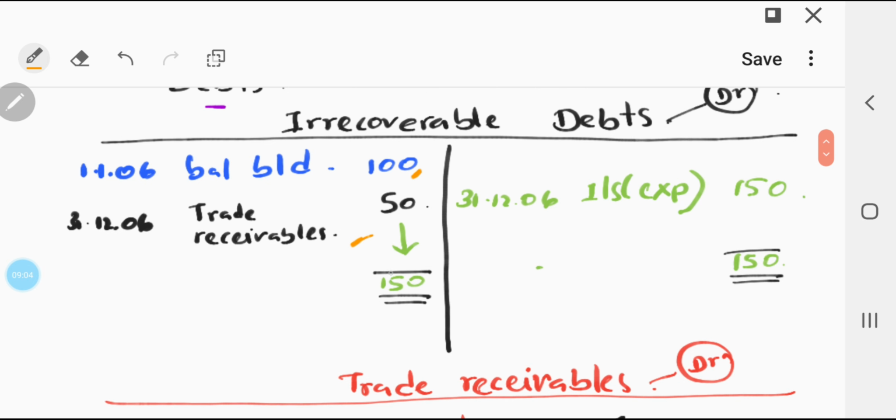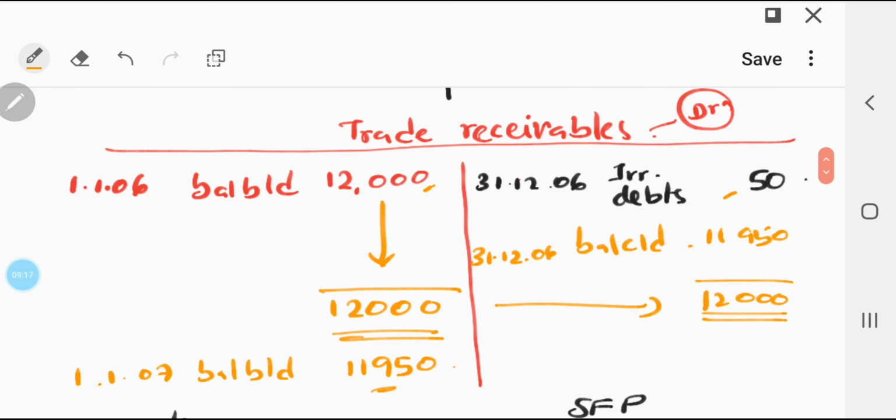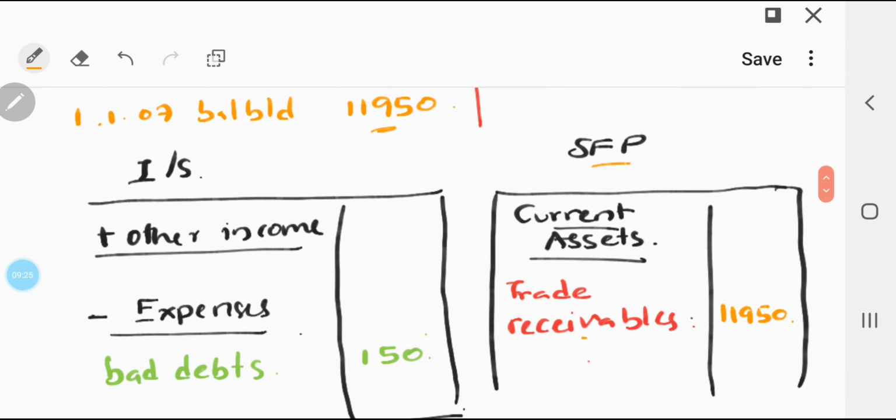Next step, we balanced the irrecoverable debts account, and we found the difference 150, and we write the difference as income statement expense. Whereas trade receivables account, we balance it off, balance carried down, brought down, because this will be transferred to statement of financial position. And followed by that, we showed the impact in the 2 financial statements, income statement and statement of financial position.